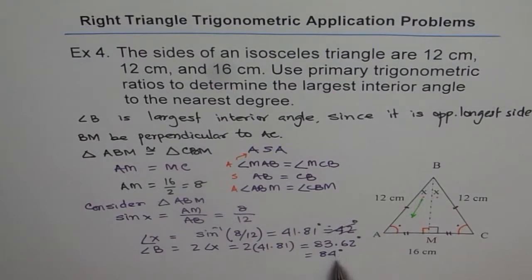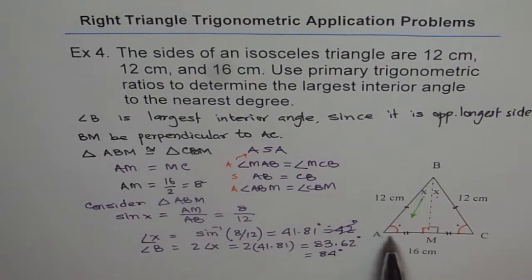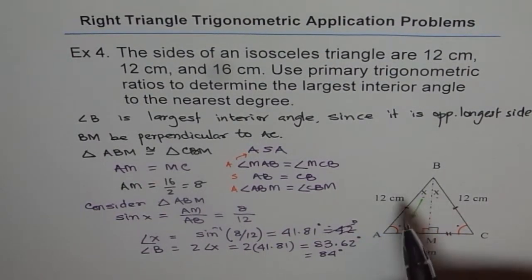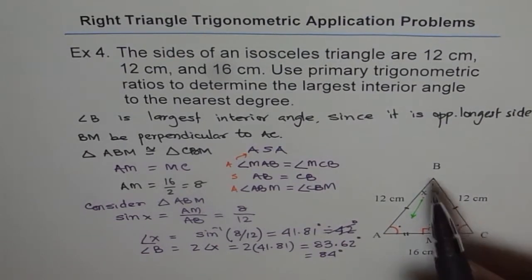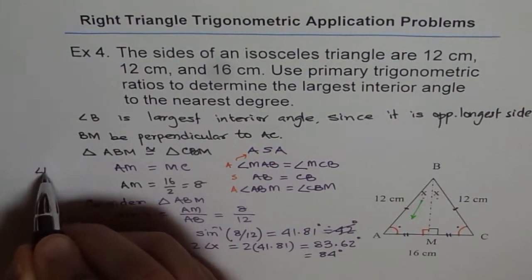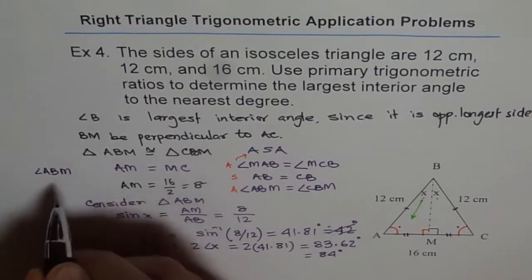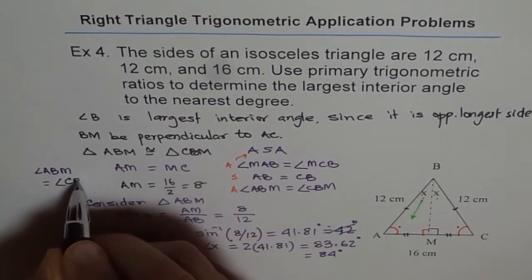84 degrees, right? So here, when we wrote that these two triangles are congruent, then we wrote AM equals MC. We should also write that the angle ABM is equal to angle CBM. Okay, so I'll add that. And angle ABM equals angle CBM, right?